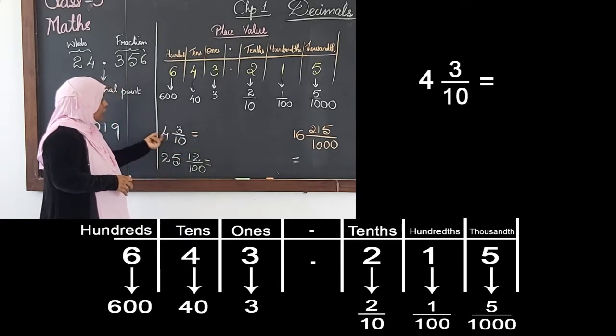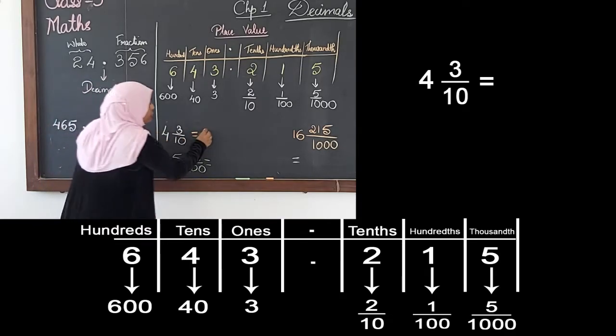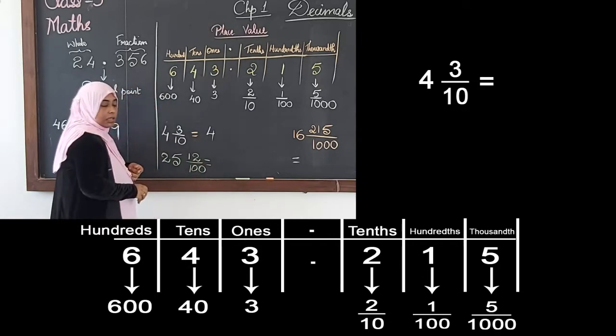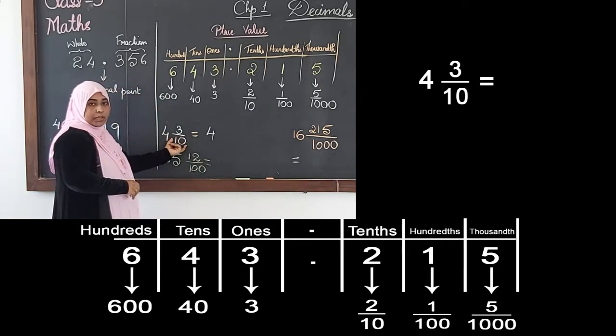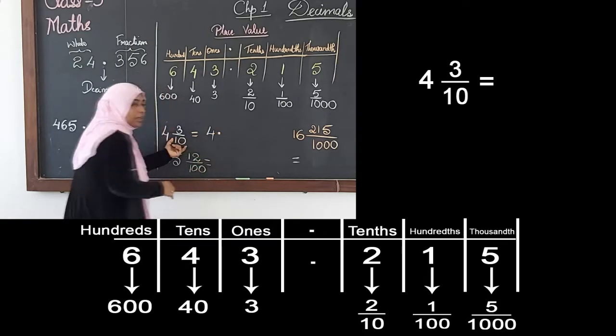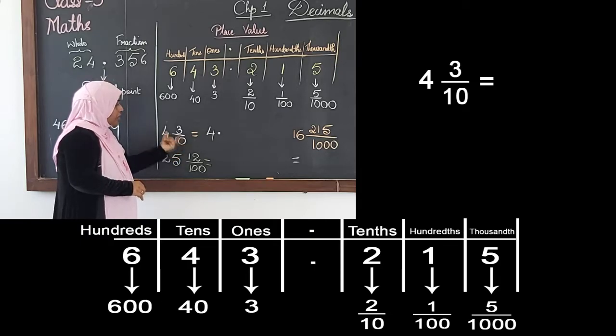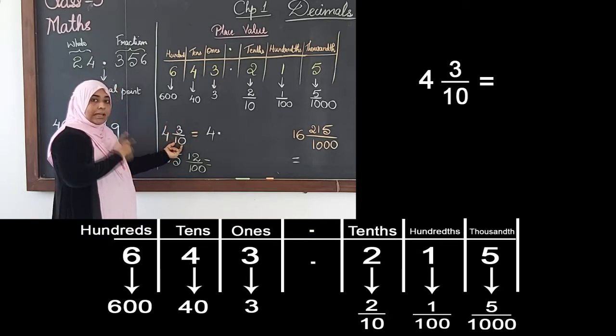Now we know that 4 is a whole number. Then we have a fraction over here. So that means we need to have a decimal point between the whole number and the fraction. Now this fraction is 3 out of 10. 3 is in tenths place, right?